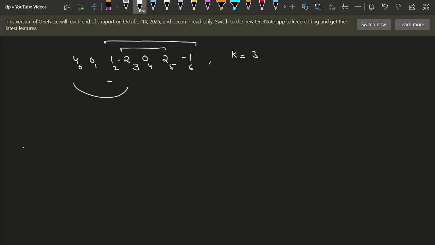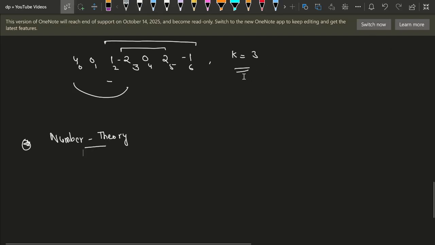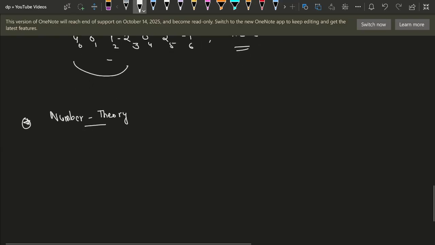So let's try to understand how numbers actually work. Let's go into number theory just a little bit, just basic number theory. If we have to represent any number in terms of 3, number theory states that any number can be represented in this form: 3q plus r, where q is your quotient and r is your remainder. So let's try to pick any number. Let's say 31.